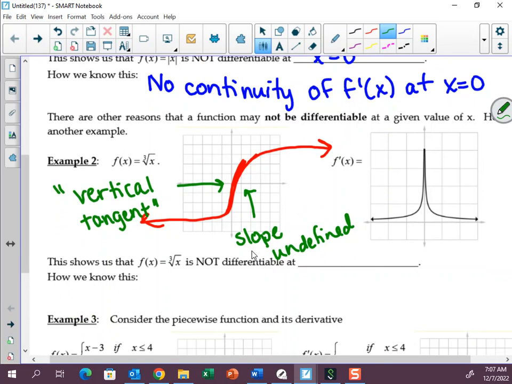Now, if we look at this algebraically, the cube root of x, or x to the 1/3, the derivative would be 1/3 x to the negative 2/3, or 1 over 3x to the 2/3.